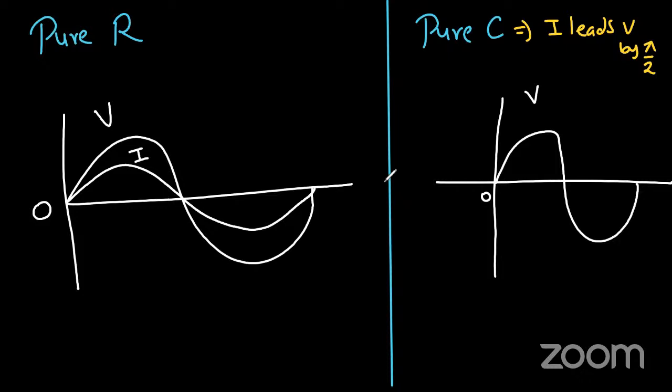So current पहले start होगा pi by 2 से. So this is back side ना, minus pi by 2. So यहाँ से current start होगा. So this is a current. So this is the waveform in the pure R and this is the waveform in the pure C.